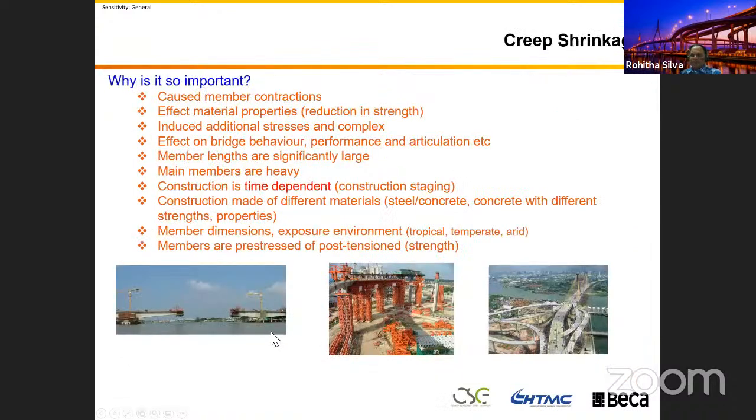I discussed now why the creep and shrinkage is so important, because the member contraction obviously affects the material properties. Makes sense. Because of the creep, the structure elongation increases, that means the curvature increases, that means deflection increases.